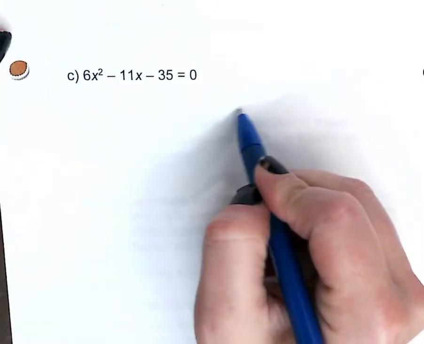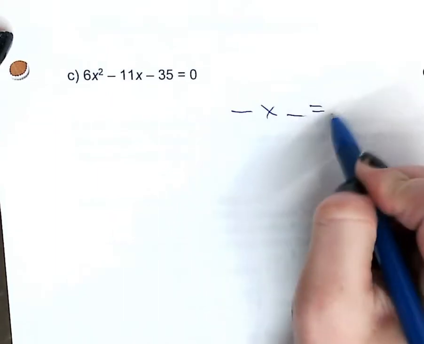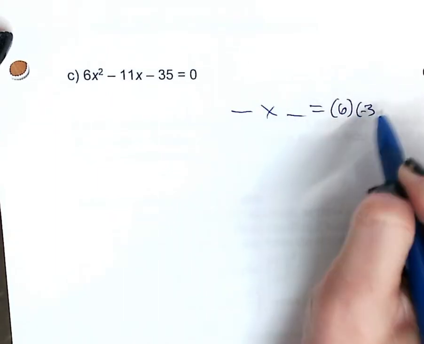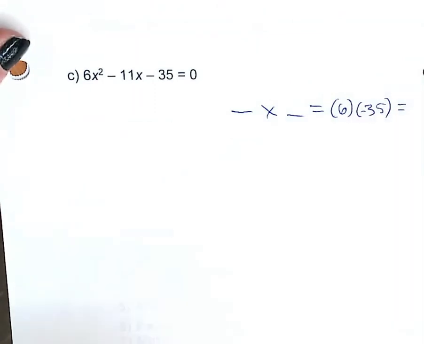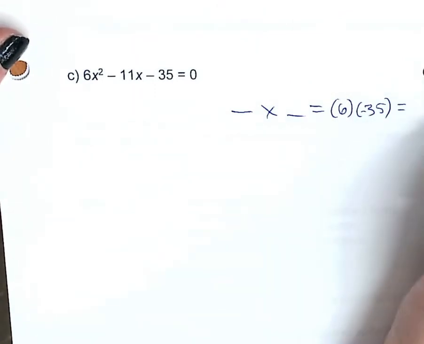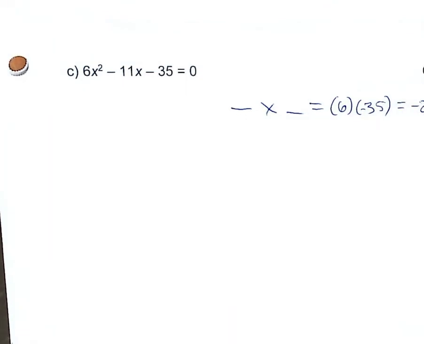So in this case, we have to say what times what equals 6 times negative 35, which is, let's see if I can do mental math, negative 210.